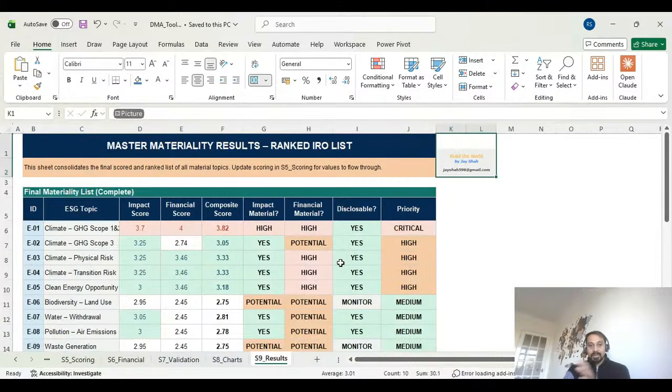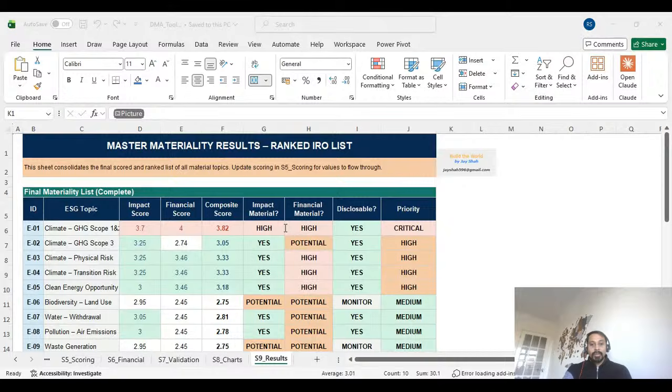And finally, this table, the master materiality result, ranked your impact, risk, and opportunity. So the context is the spreadsheets monitor the entire double materiality. So this sheet is giving you the impact score, financial score, composite score, impact material is yes or no or high or no. Then financial material, disclosable material or not, and priority ranking.